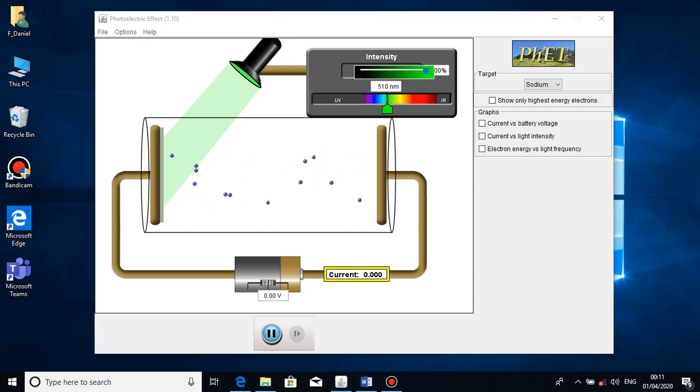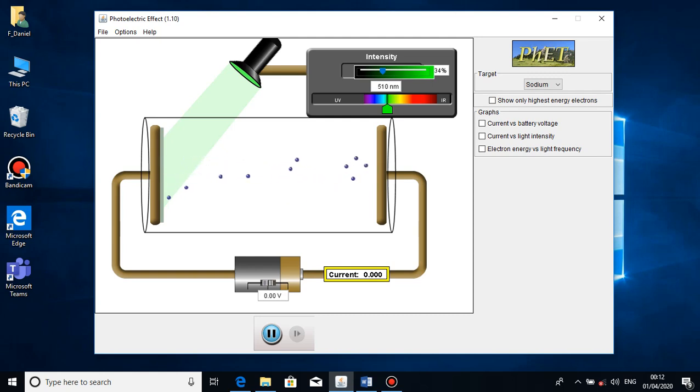Another surprising result is that if I use this green radiation with, let me say, this intensity, of course I expect fewer electrons to be extracted, and this is true. But the main question is, what about the energy of each electron, or energy per electron extracted from this plate to here?